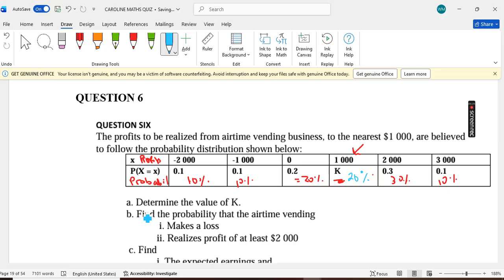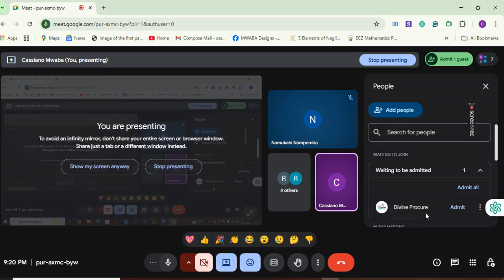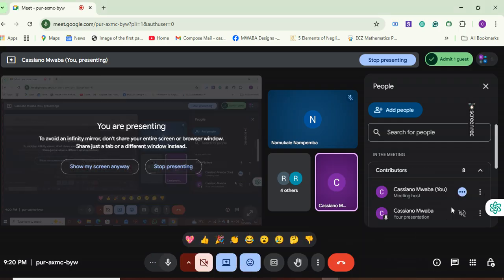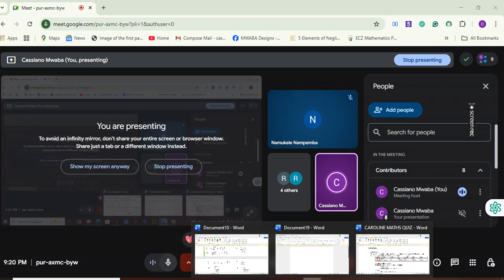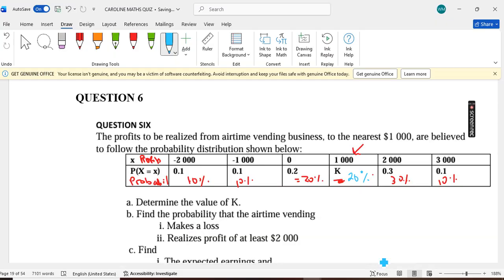Part B, find the probability that the airtime vending, number 1, makes a loss. Not find out if the airtime vending makes a loss. So we're going to look at the losses on our table here.